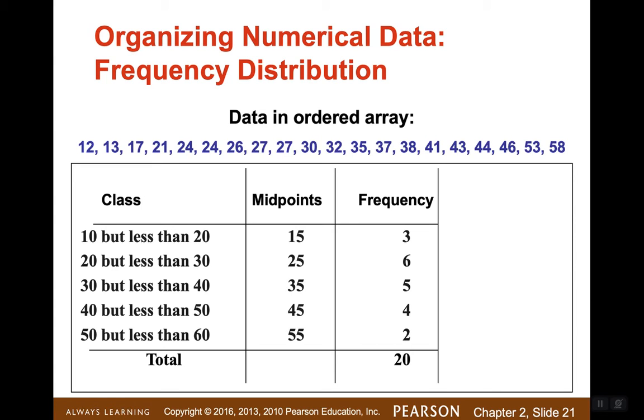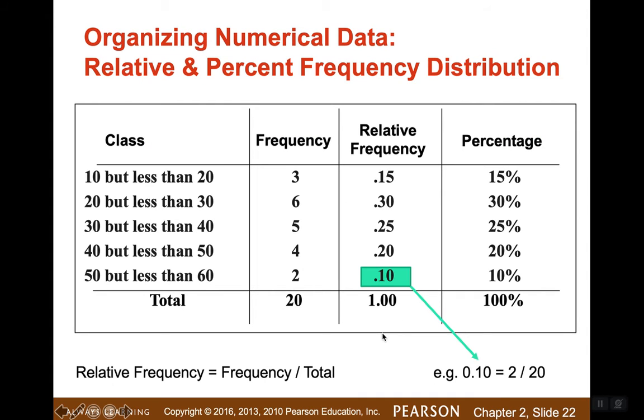The thing you always want to watch is to make sure we're using less than, so that the number we're using is excluded. So 20 is equal to 20. 19 is less than 20. So this range is actually 10 to 19. And then we tally everything up. That gives our starting point for the frequency distribution.